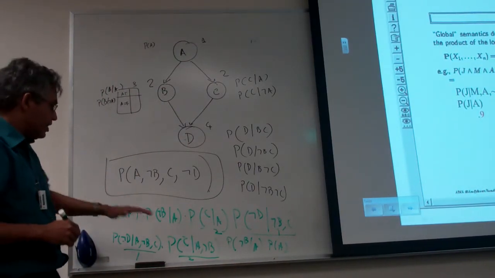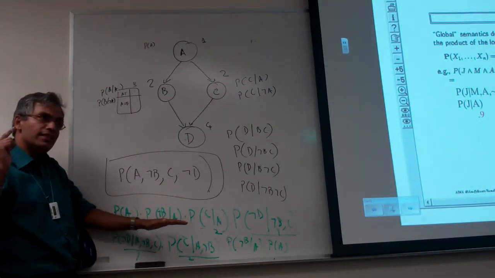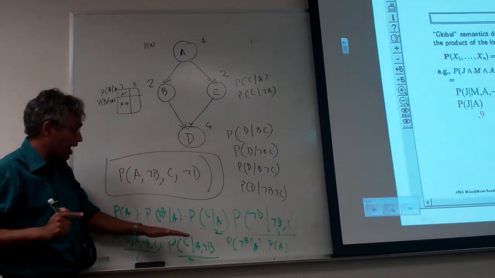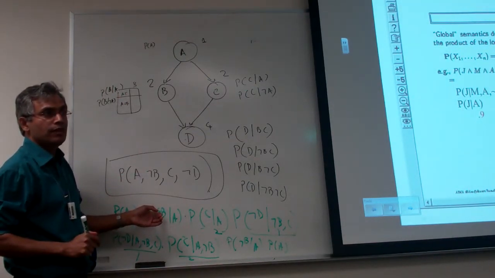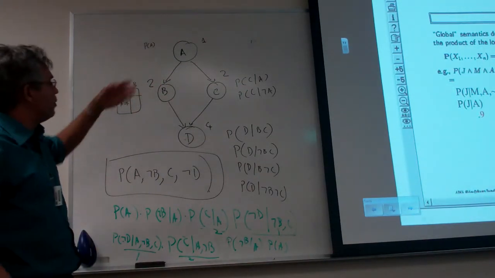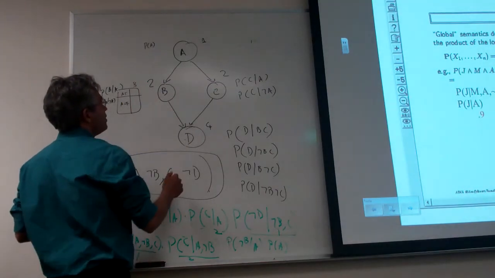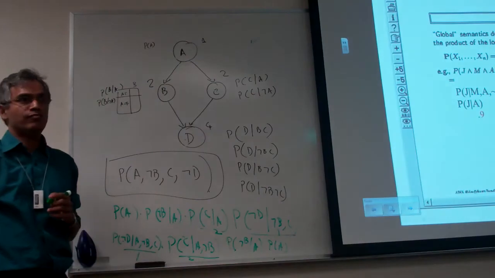Okay? So you don't actually need to remember this. This is essentially the theoretical justification as to why you could write this joint probability this way. When you look at any given single joint probability, you should be able to see that D only depends on B and C, B depends on A, C depends on A, and A doesn't depend on anybody.